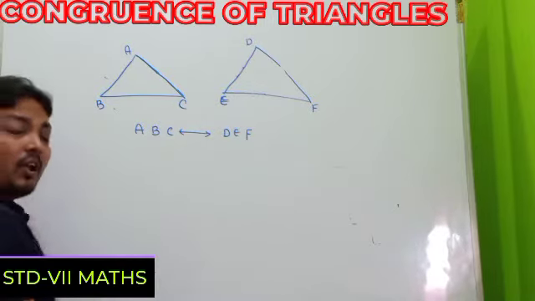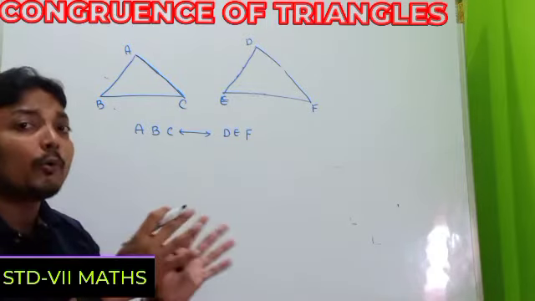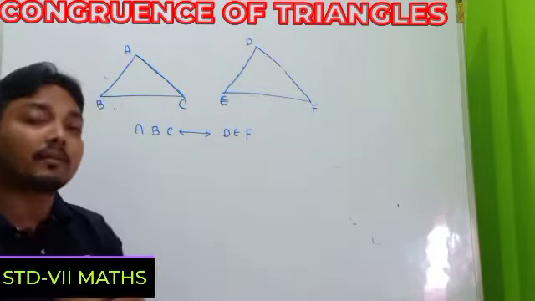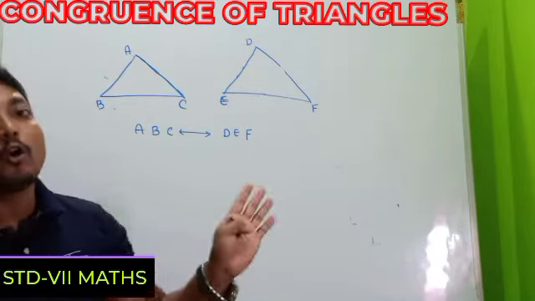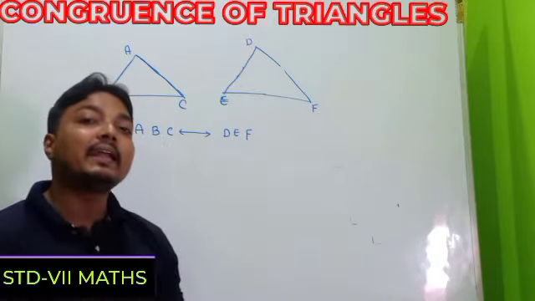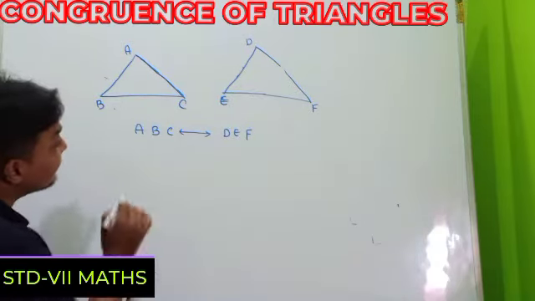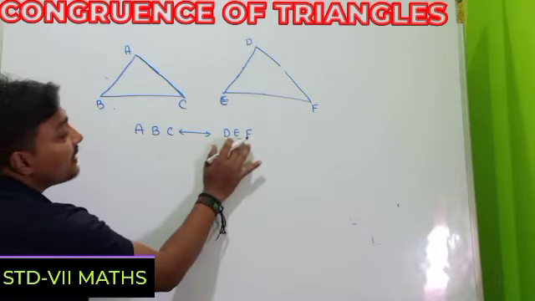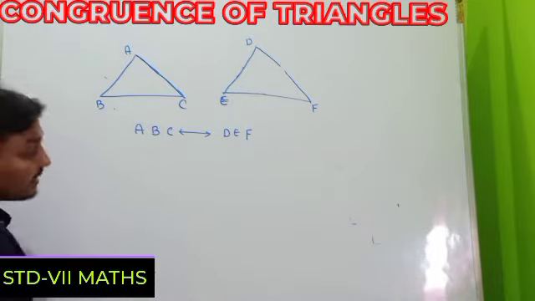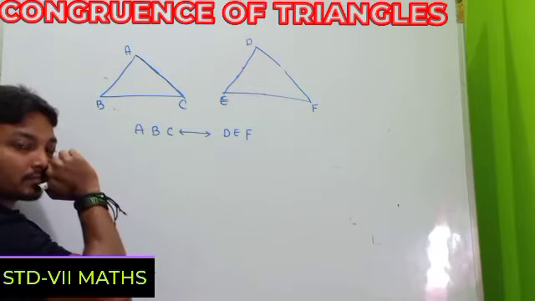Everyone see, one can say plainly both the triangles are congruent. One is saying in words, both the triangles are congruent, and under the correspondence, ABC is matching with DEF. So it means one thing you must be sure of.